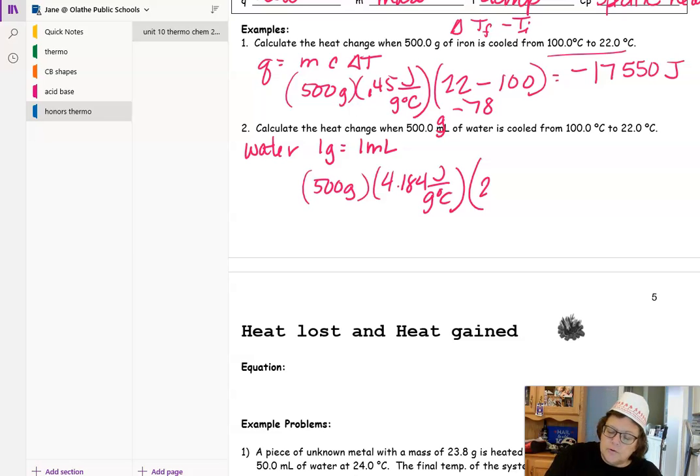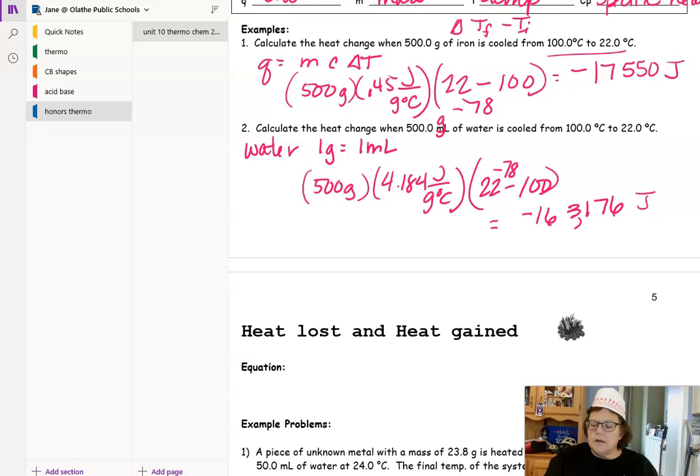Again, it's cooled. So again, it's at negative 78. So 500 times 4.184 times negative 78. It is going to give off 163,176 joules.